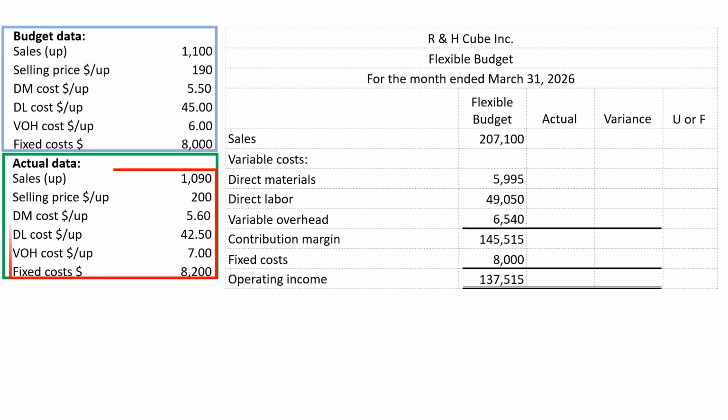Next, we work on the actual column. This column uses all actual data.